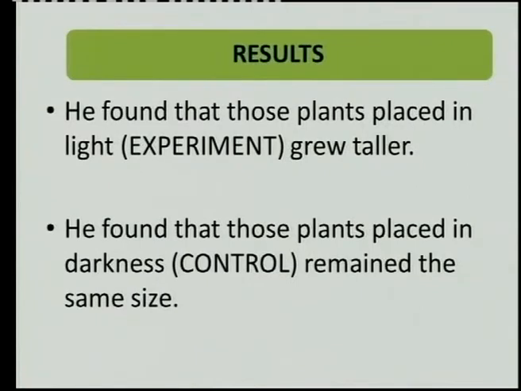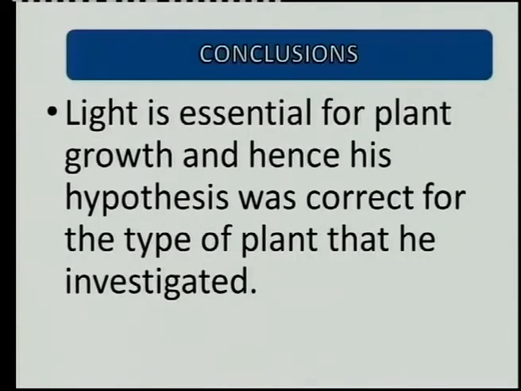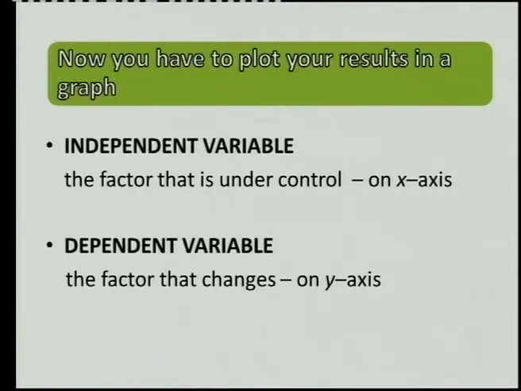The results showed that in the light they grew taller, and in the control, in the darkness, they remained the same size. So his conclusion is that light is essential for plant growth, and then you see your hypothesis was correct, because for the type of plant that you investigated, light was necessary and it grew taller. And we've talked about the graphs and where we put that.